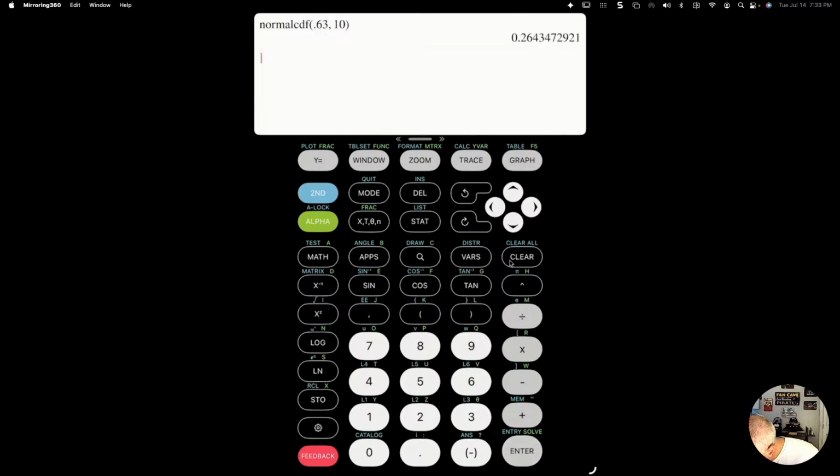Enter. 0.2643. There's the probability. So about a 26% chance that an x value will land greater than 1.779 on the data curve and greater than 0.63 on the z-score.